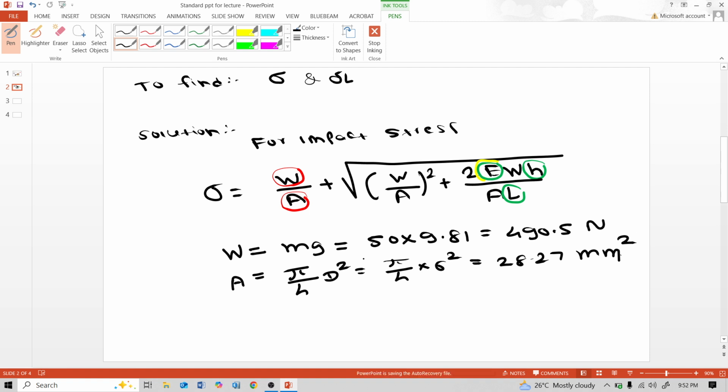So see, now we have W and A also. So our work is only to put the data in this formula and get this stress.